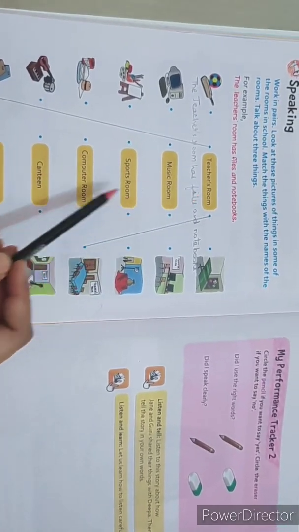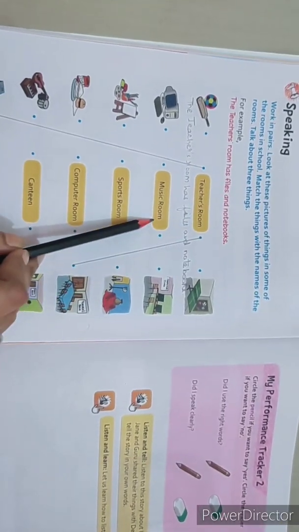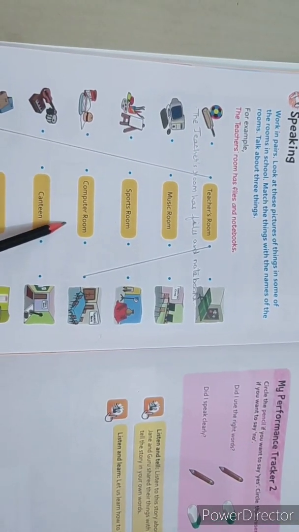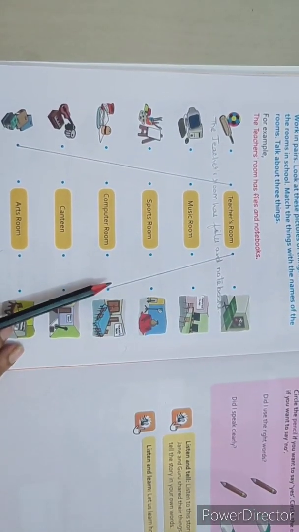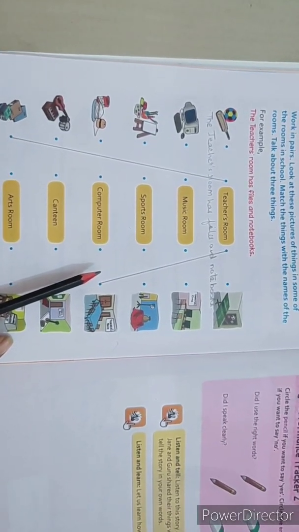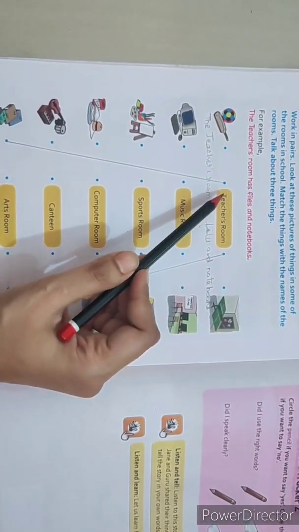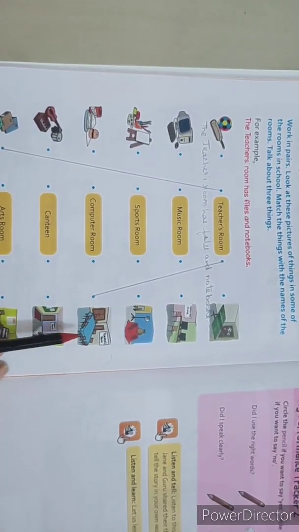So these are the few rooms that we have in our school: the teacher's room, the music room, the sports room, the computer room, the canteen and the arts room. I am sure all the students know that we find these rooms in our school. Now you will match the names of these rooms to the things that are found inside the room.